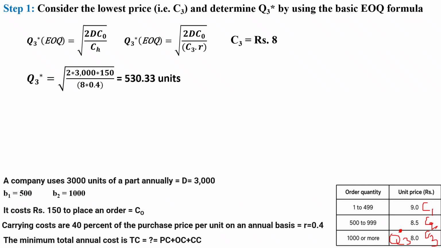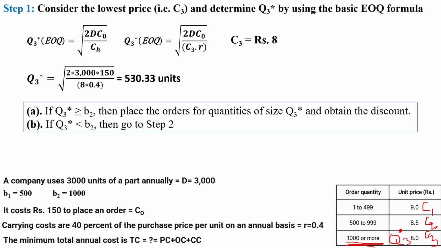But at the unit price of 8 rupees, we have to order a quantity of 1000 or more. So this is not feasible. Anyhow, here we have to check two conditions. First, if Q3 star is greater than or equal to B2, then place the order for a quantity of size Q3 star and obtain the discount.